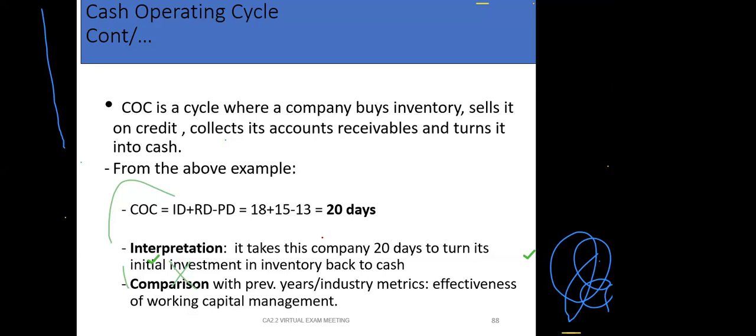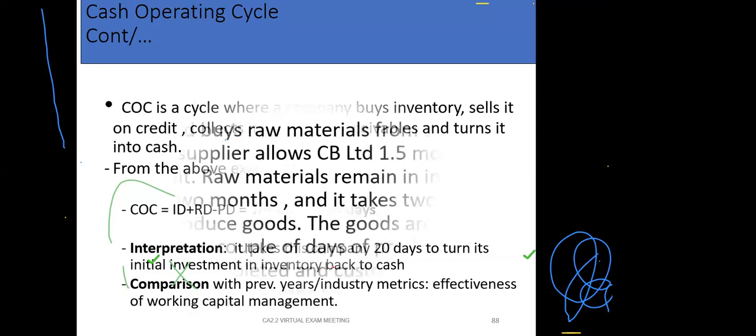Or against industry metrics. If the cash operating cycle in the industry is say 25 days, then it means that this company is efficient in managing its working capital. So again, you should not just know how to calculate figures, you should also be able to interpret.